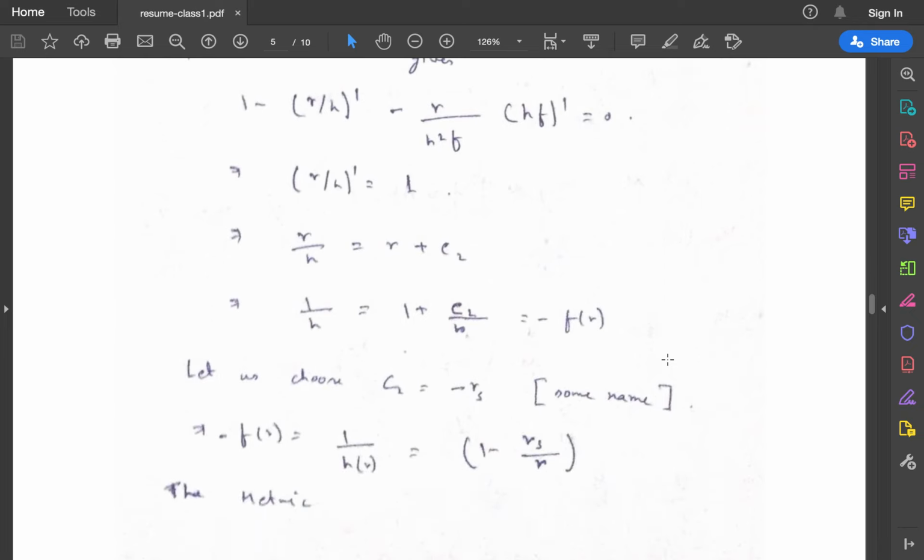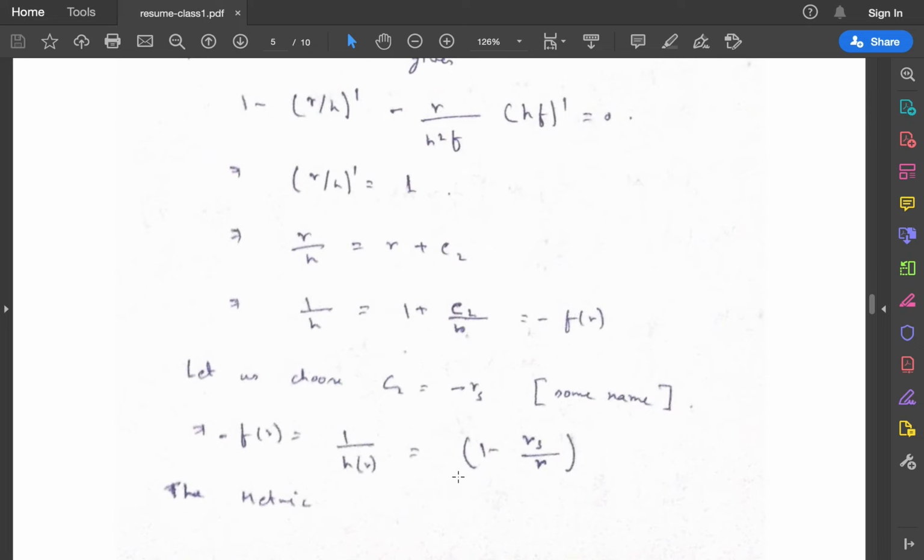Let us choose this c2 to be rs, because this is only a way of writing it, and we will know what rs is and why we have written it in terms of rs as we proceed. So we can write minus f of r equal to 1 over h of r equal to 1 minus rs by r.